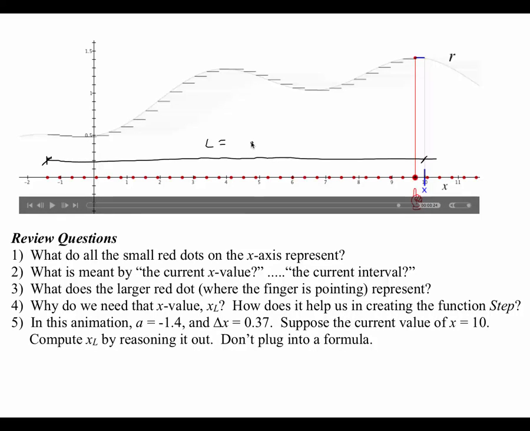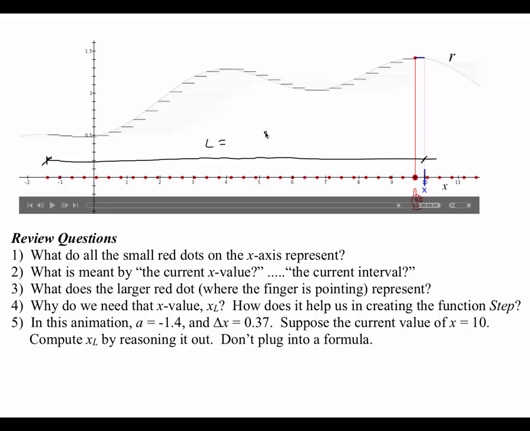So, here we go. What we need to do is, the hard thing about this was counting up how many whole intervals there are starting at our value of a up until x. The rest of it is kind of easy, but the hard part was how do we get the number of intervals starting at a, in this case negative 1.4, and ending at 10.